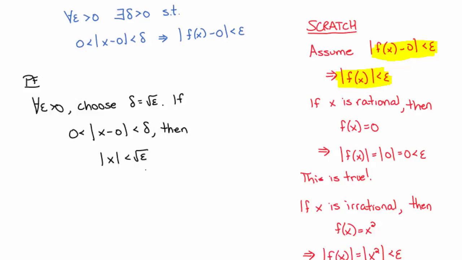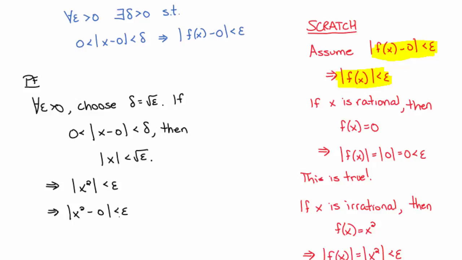Now, how you proceed from this moment just depends on your choice of how you're going to do the proof. I'm actually just going to continue forward as if I'm doing a normal epsilon delta proof, and then make a mention of something at the end. So I'm going to square both sides right now. So this implies the absolute value of x squared is less than epsilon, which implies the absolute value of x squared minus 0 is less than epsilon.